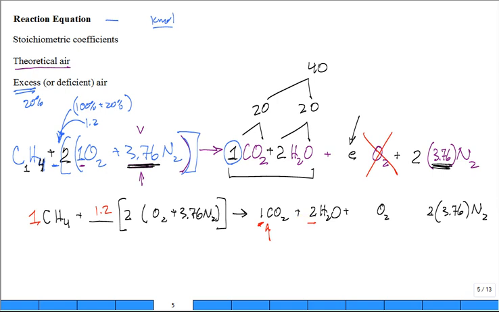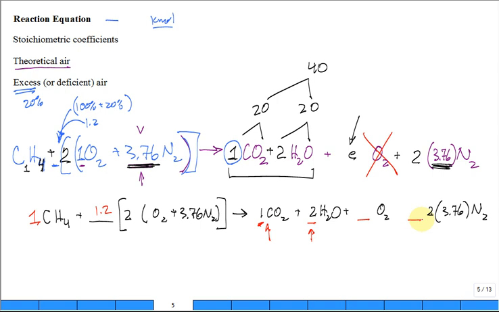Does the 2 in front of the water, H2O, change? Same reason. What was the reason? There was no hydrogen in the air. And so if I brought in a little extra air, it didn't bring in any extra hydrogen. The hydrogen's controlled by the hydrogen in the fuel. But right here, I have to rebalance my oxygen and my nitrogen.